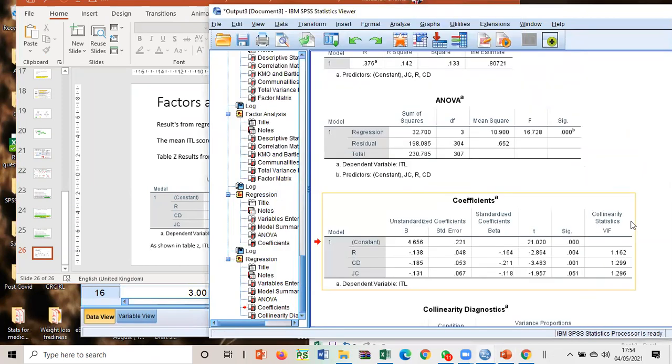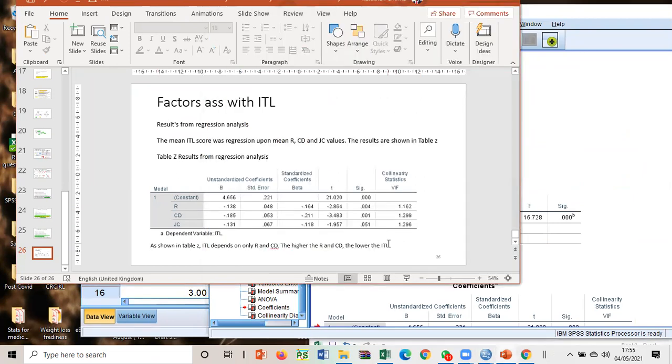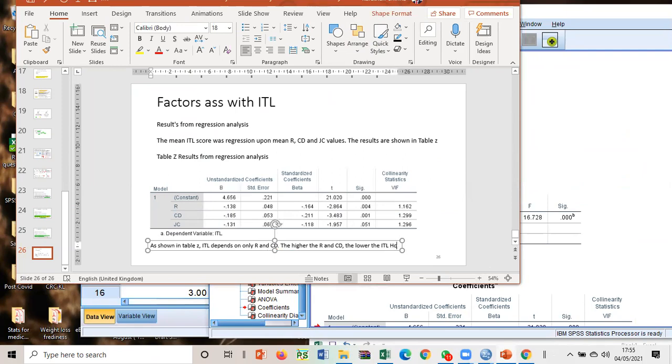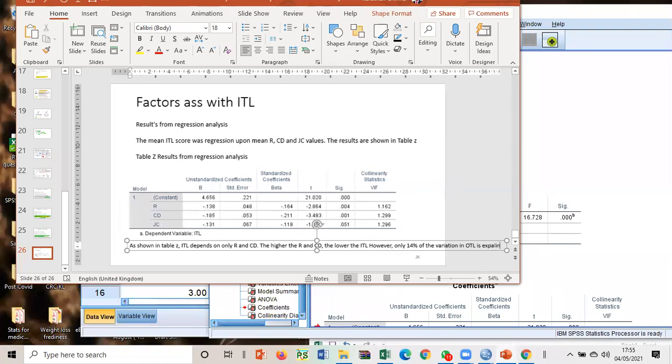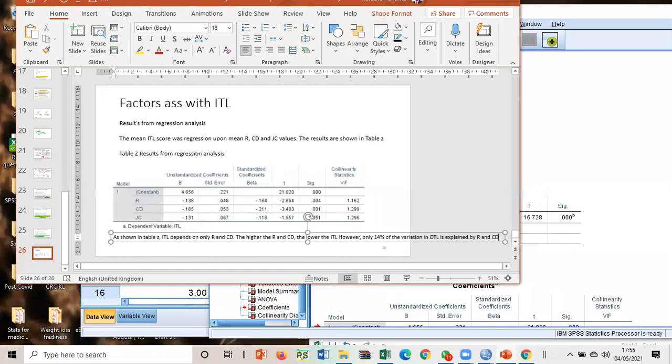But what's the R square? 14%. However, only 14% of the variation in ITL is explained by R and CD.